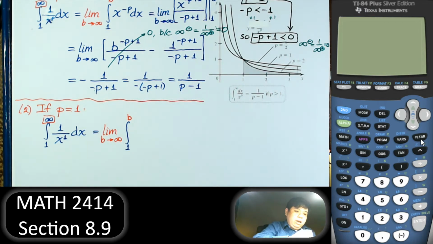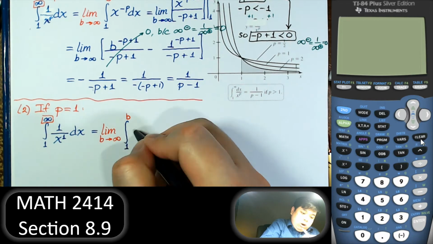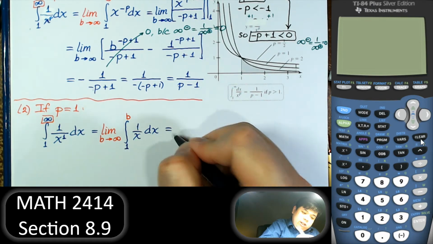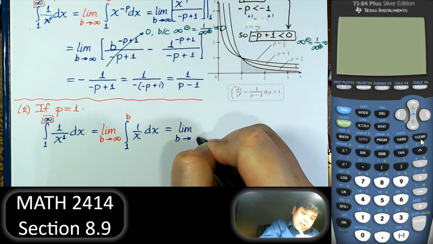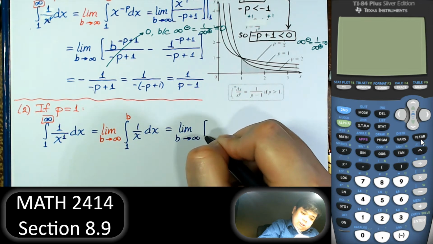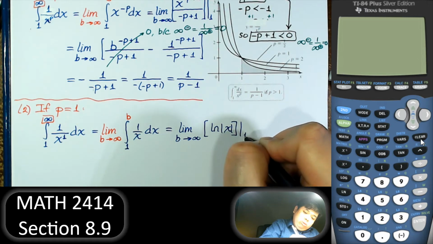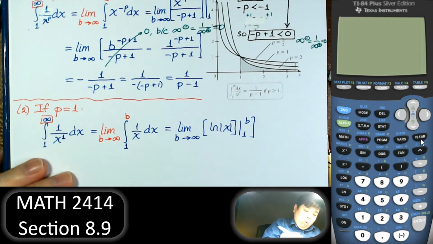That is 1 over x dx. So the integral of that is ln of the absolute value of x going from 1 to b. Now substitute in b, substitute in 1.